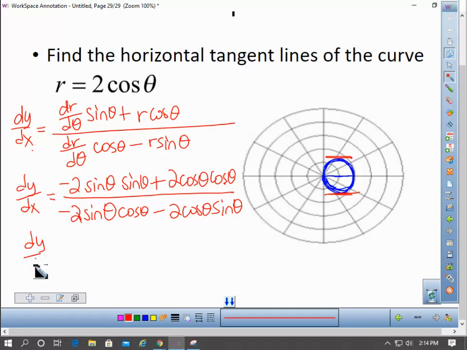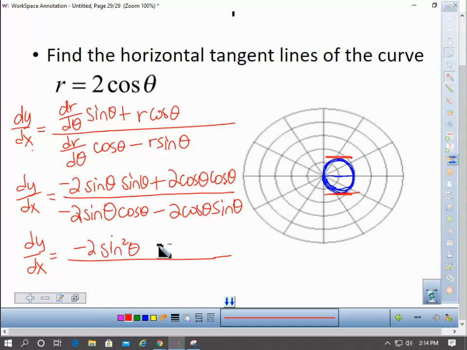So dy dx is going to equal negative 2 sine squared plus 2 cosine squared, and then on the bottom, we have negative 4 sine cosine. All right, so there's our derivative. So negative 2 sine squared plus 2 cosine squared divided by negative 4 sine cosine. Now, I could divide by 2 if I want to, but again, we don't have to.